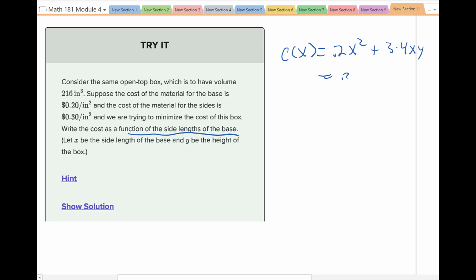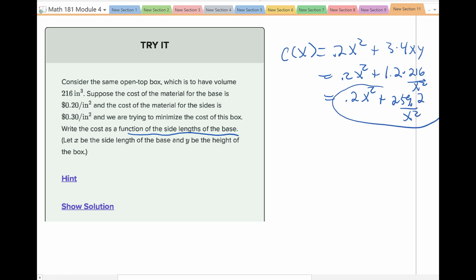So it's going to be 0.2x squared plus 1.2 times 216 over x squared. So it's going to be 0.2x squared plus 259.2 over x squared. There's our expression.